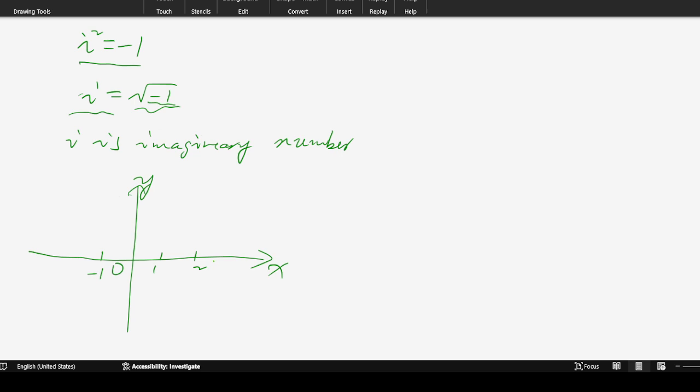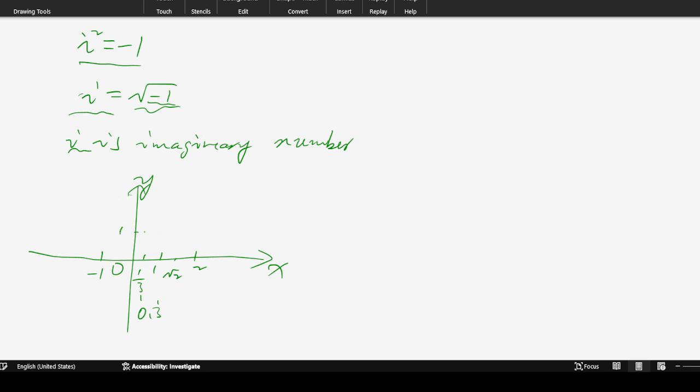Also you can find the square root of 2. But the only problem, where is i? i is a position.